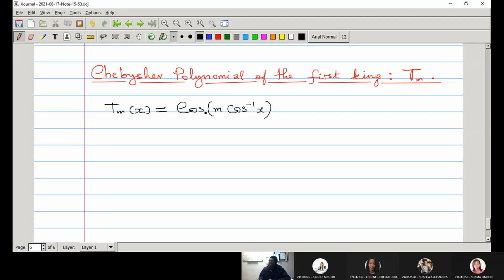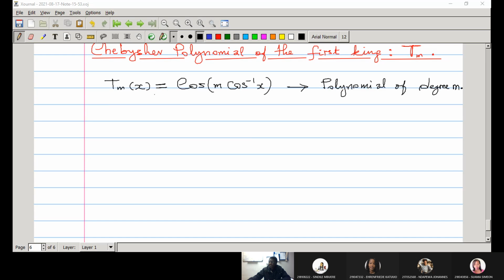So that's how we define it, and I say that this is a polynomial of degree n. Of course, it's a polynomial of degree n. We computed a few of them, and you could see that indeed they are polynomials.